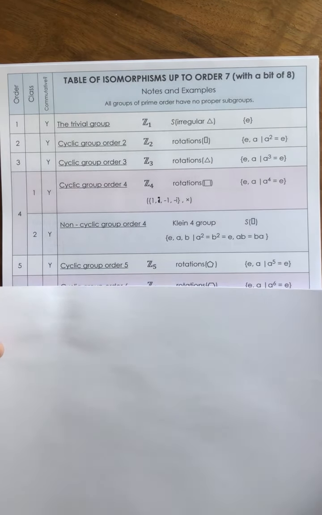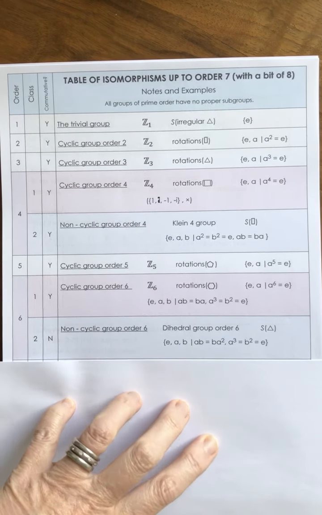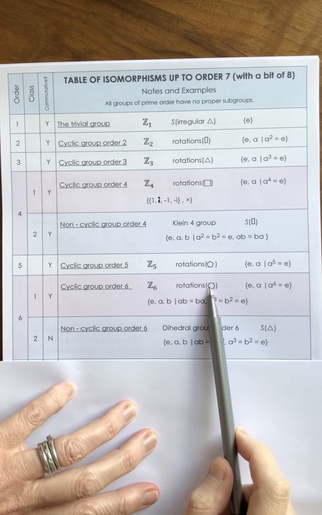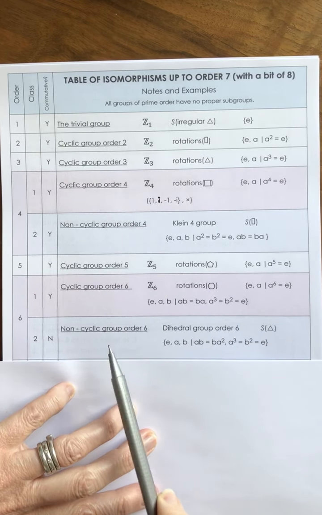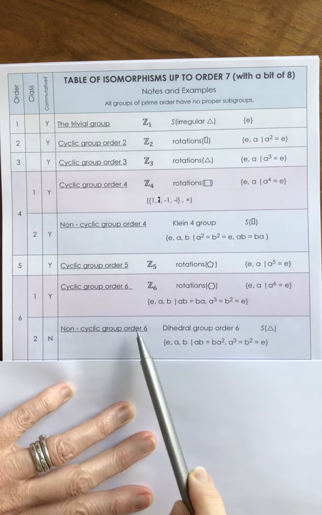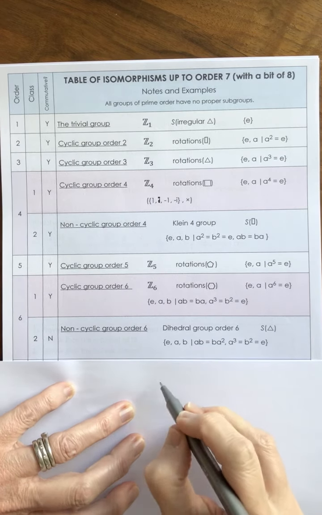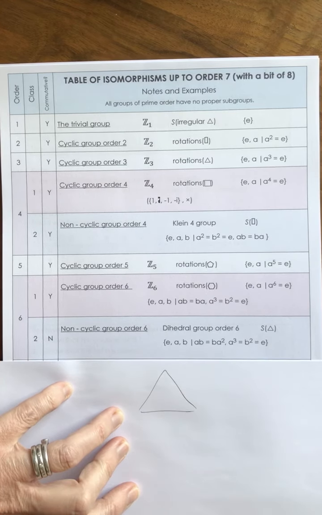Now 6, we also have a little bit more interesting happening in 6. Again, we looked at these in the last lesson. You've got the rotations of the hexagon, so isomorphic to these two, and then you've got the non-cyclic group. That's the symmetries, so including reflective symmetries as well, of the equilateral triangle.